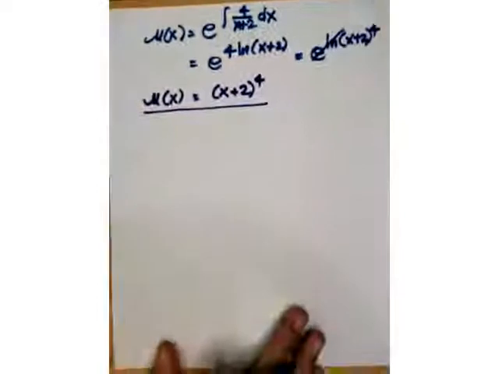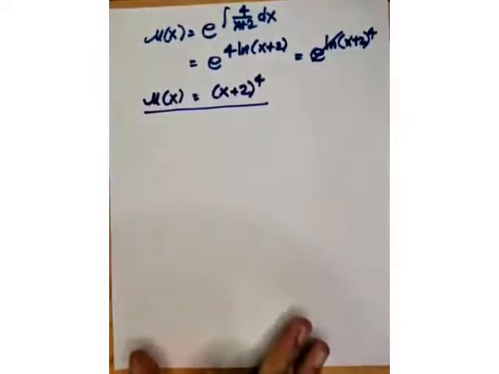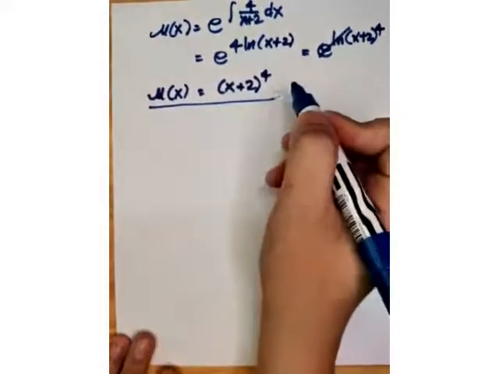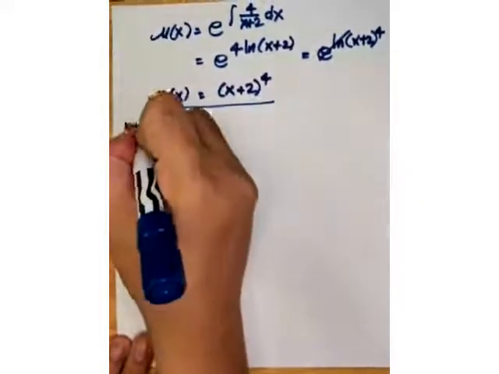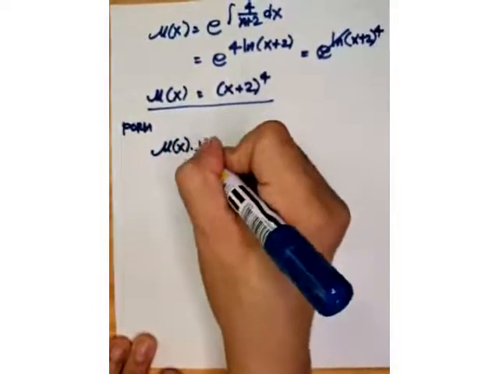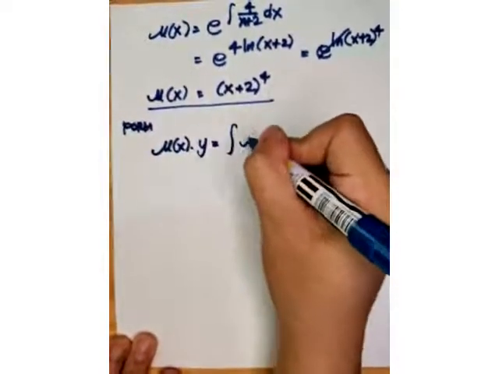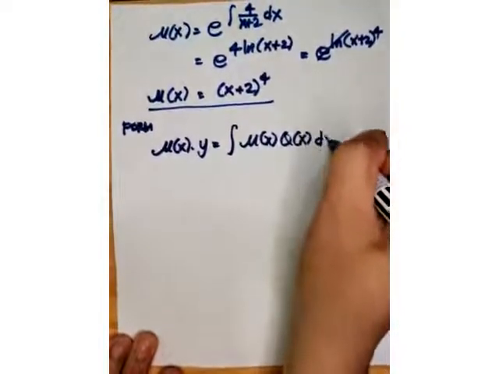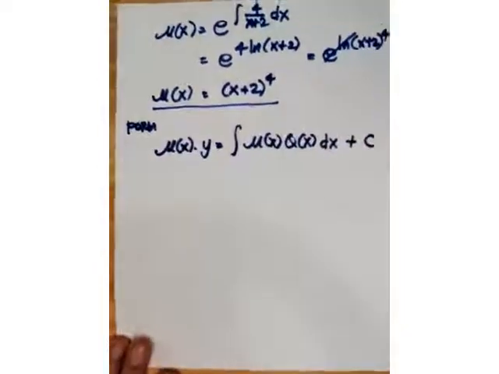Once we have the integrating factor, it's simple. Let's just apply the integrating factor to our formula. The form is the integrating factor times y is equal to the integral of the integrating factor times q of x dx plus c.